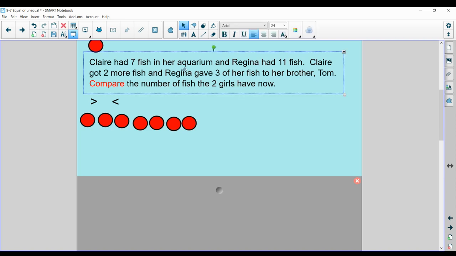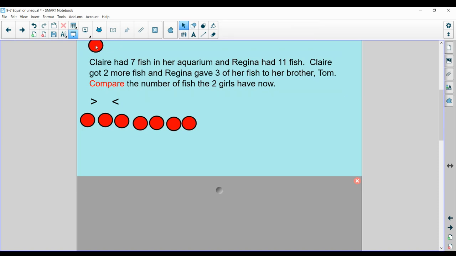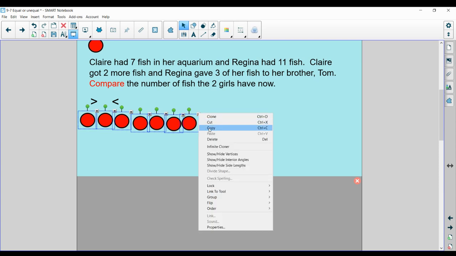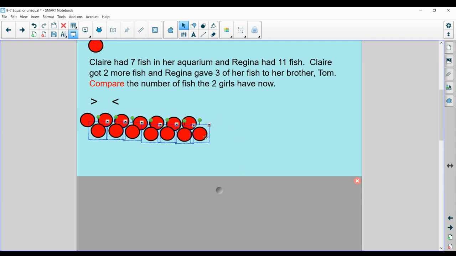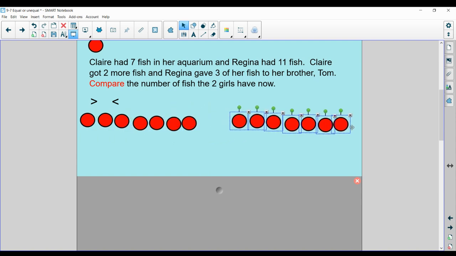Now Regina had 11 fish. So I'm going to cheat here. I already know I have 7, and I want to clone that and put those all over here. Now I only need 4 more, right? 8, 9, 10, 11.